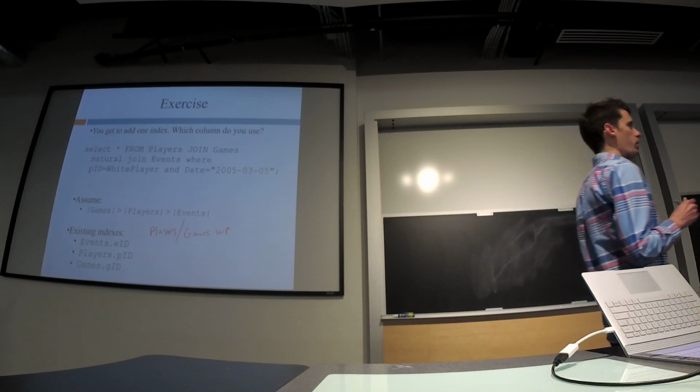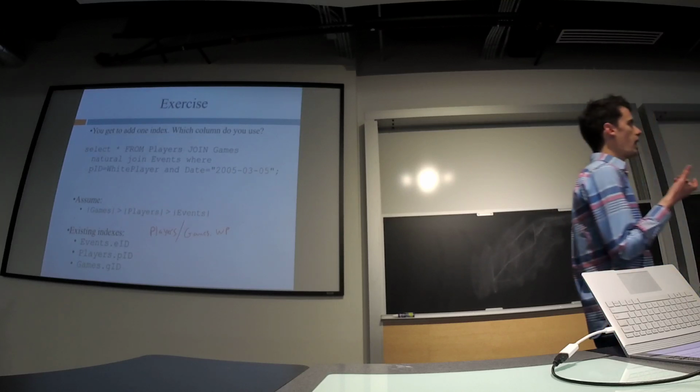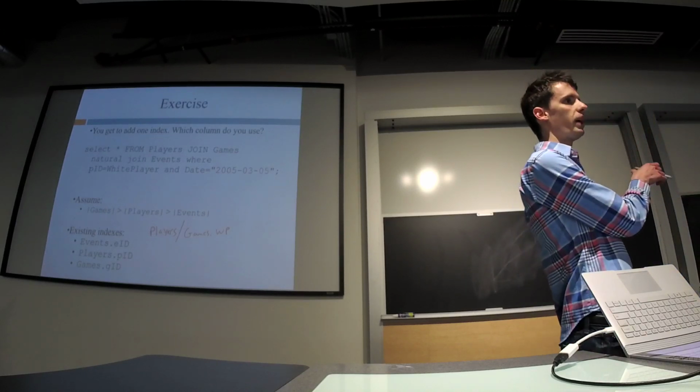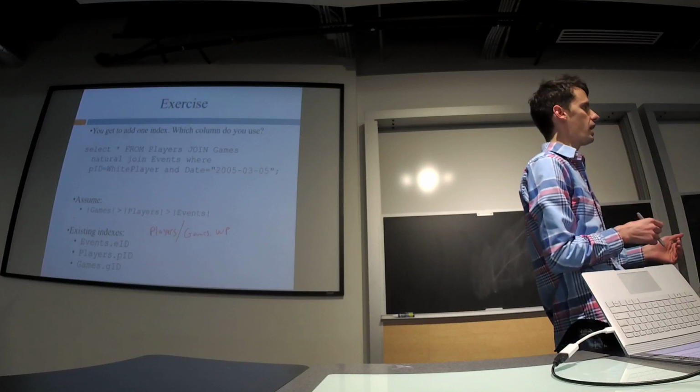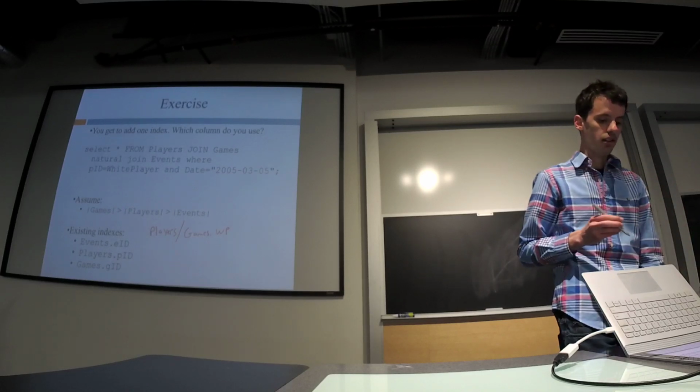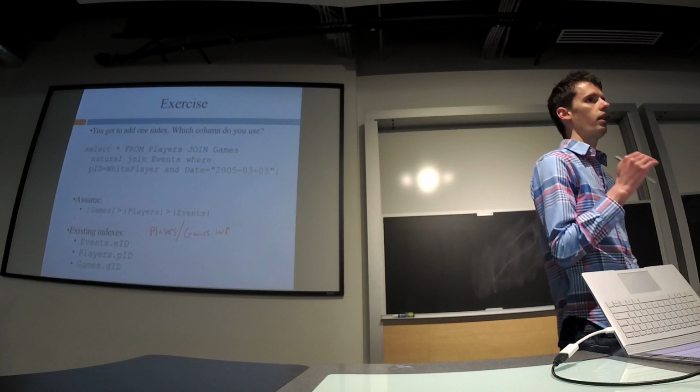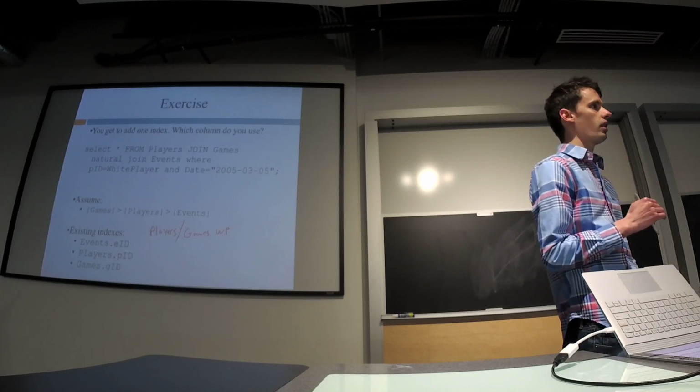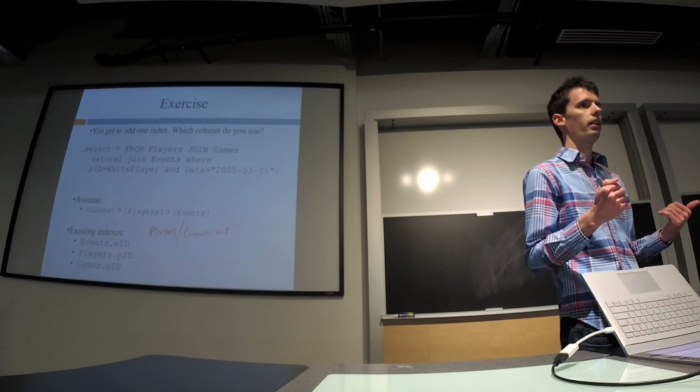And then for each player, we could take the PID and go quickly look up the white player to find that match. This would cut it down a lot. So this helps with that loop a lot.